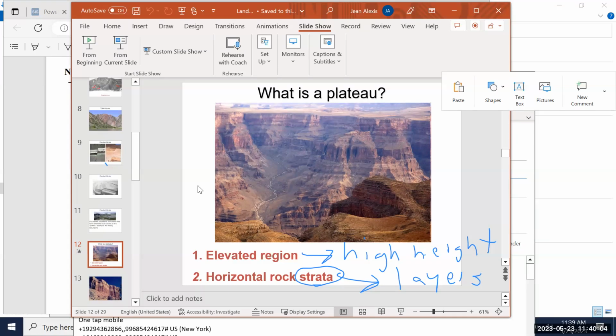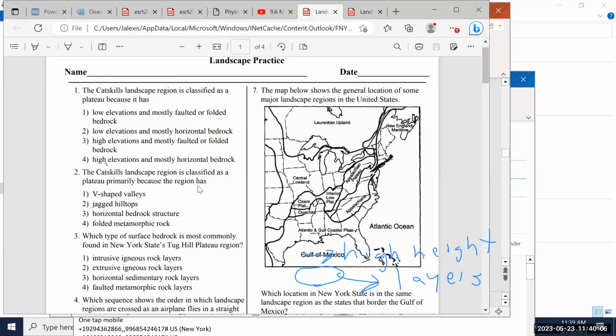So when we go back, we're going to pick the one that has that. And so therefore it needs to have a horizontal bedrock structure. Bedrock structure just lets us know that the layers on a plateau are horizontal.